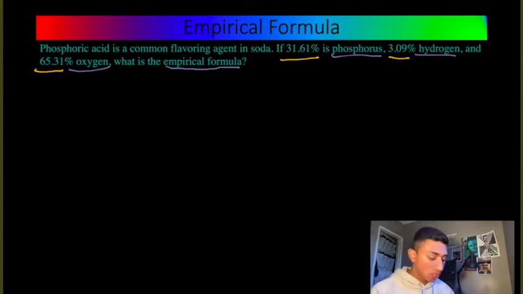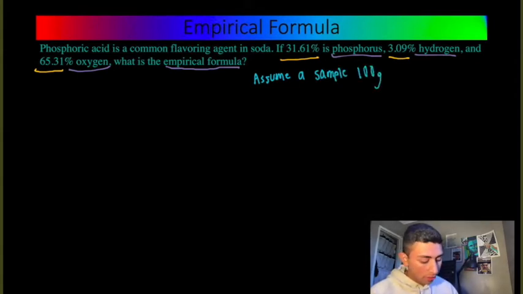Now, since we know the percent composition of each of these elements in this chemical compound, we can essentially assume that we have a sample of 100 grams.